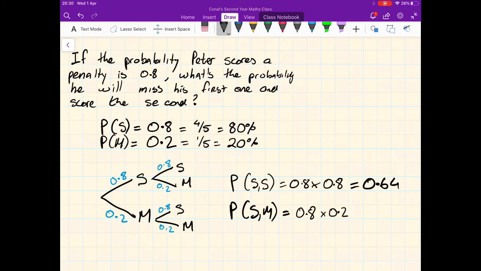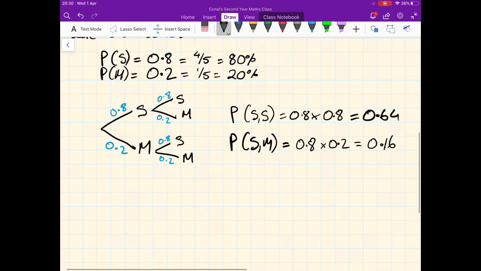Then we'll have the probability he scores and then misses. So the probability he scores then misses will be 0.8 multiplied by 0.2. Sorry, so that's 0.16.